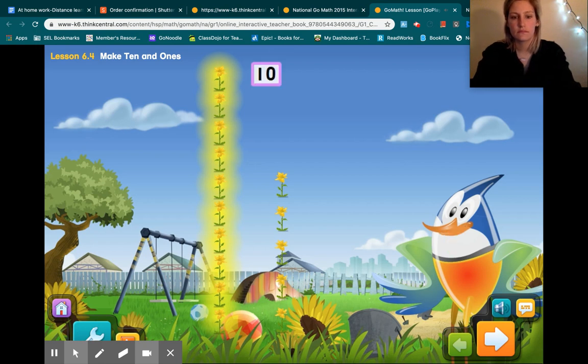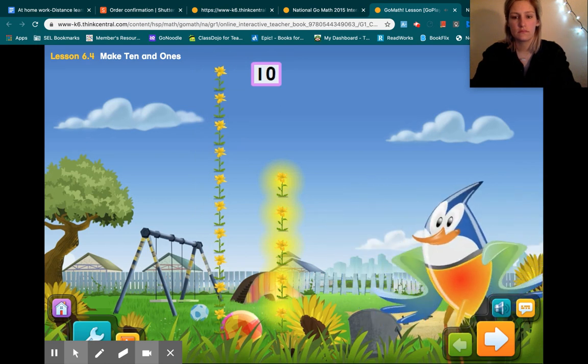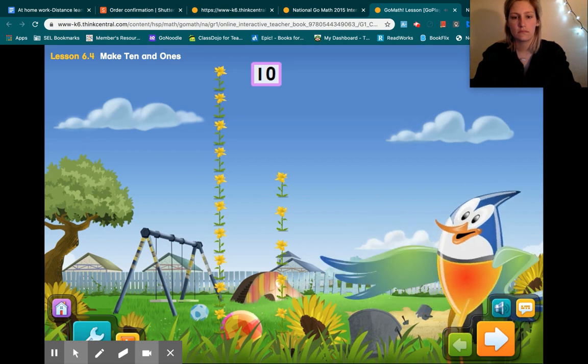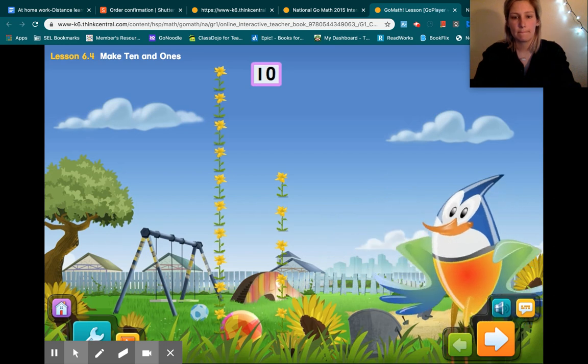Now, how many other flowers do we have? The flowers have to equal 15, and we have a group of 10. Maybe we should learn more about showing a number using a 10 and ones.